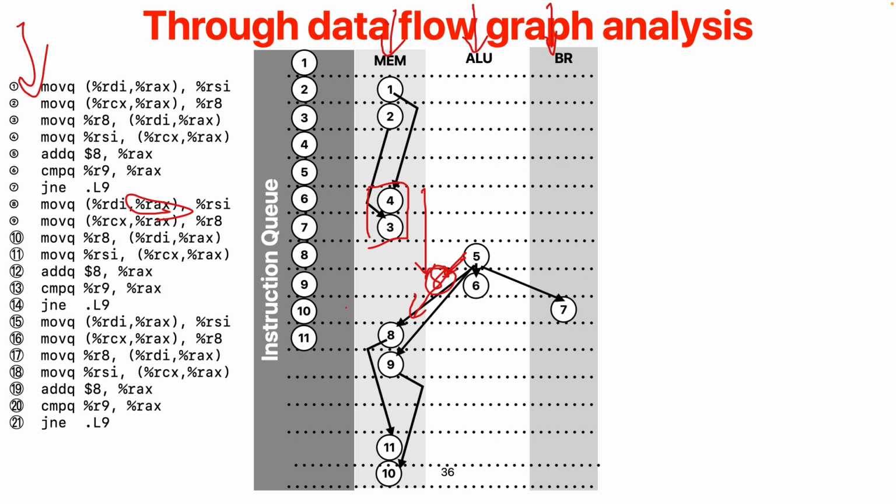So how about 12? Who is 12 depending on? 5, right? Okay, so it's depending on 5. So when is the earliest issue slot I can allocate for 12? After 10? Why after 10?